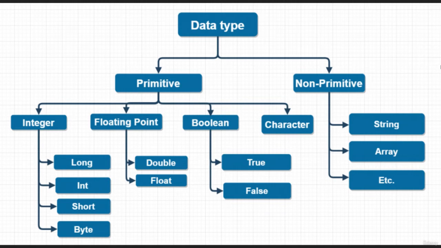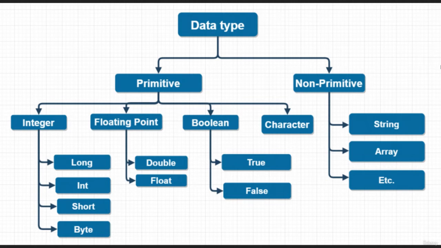The integer data type is a primitive, and it only accepts real numbers without decimal points. The floating point consists of float and double, and we will see the difference between them, but they are mainly used for decimal points.